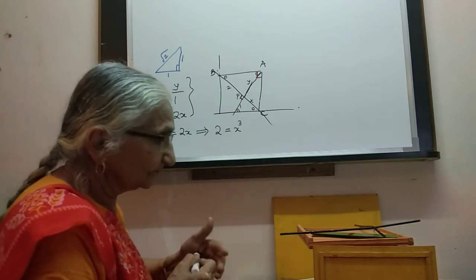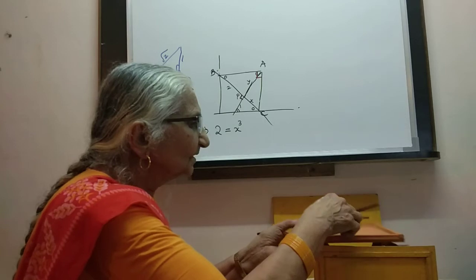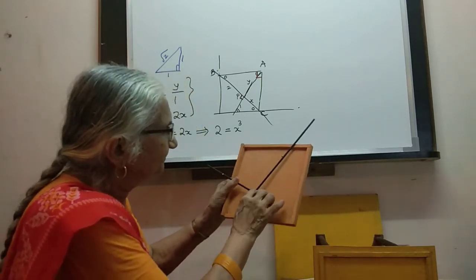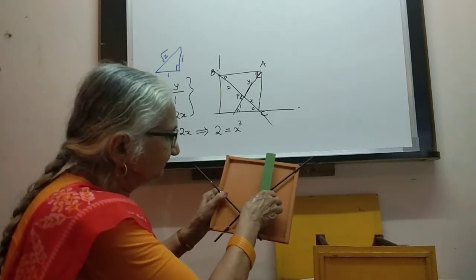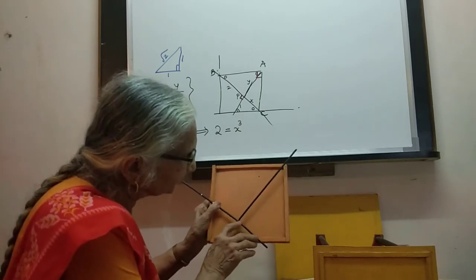Also, when we constructed this, if you recall, we had something like this, and there was a strip like that, and this much was our x.